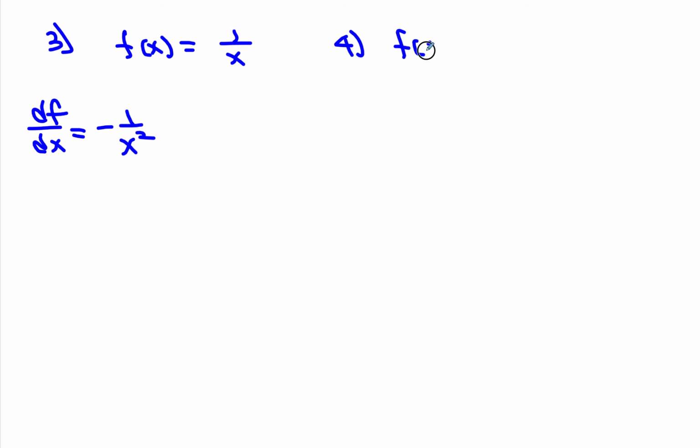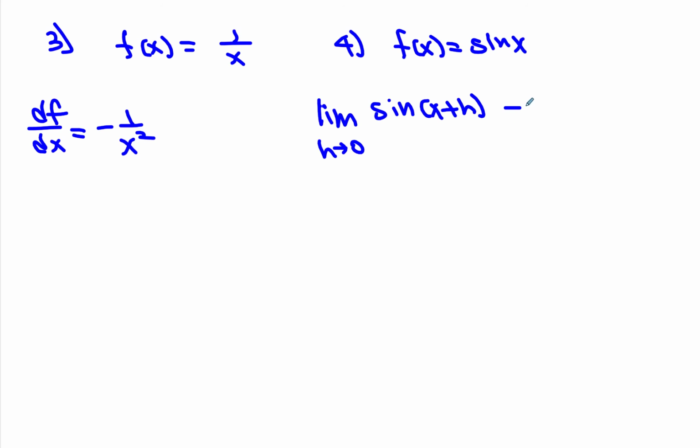What if f of x is equal to sine of x? Then in this case, what we can do is limit as h approaching 0 of sine of x plus h minus sine of x over h.